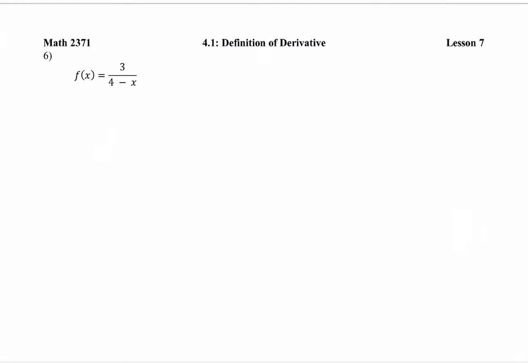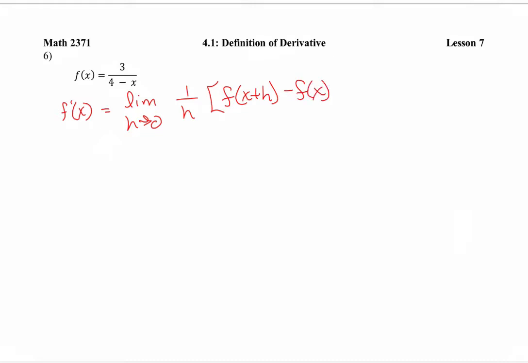All right? So first thing we're going to do again is write our derivative. So f prime of x equals the limit as h goes to 0 of 1 over h times f of x plus h minus f of x. And I wrote it again with it out. So this is the limit as h goes to 0 of 1 over h times 3 over 4 minus x plus h minus 3 over 4 minus x.